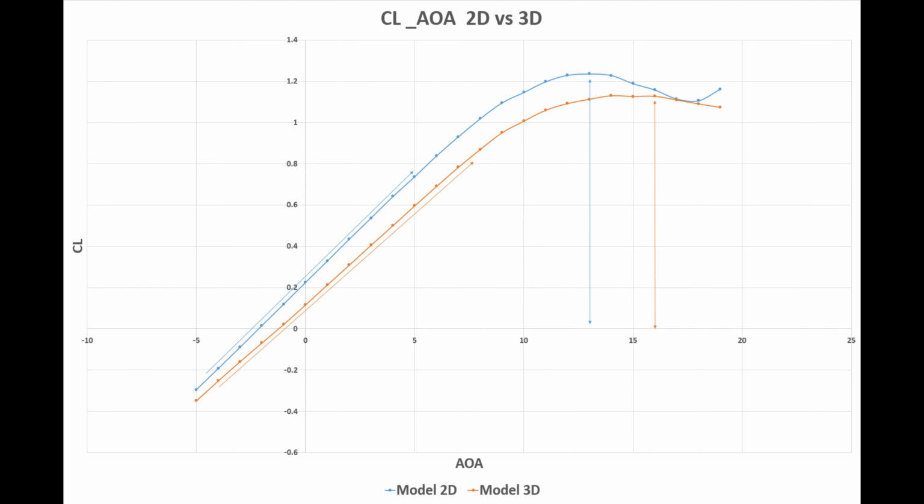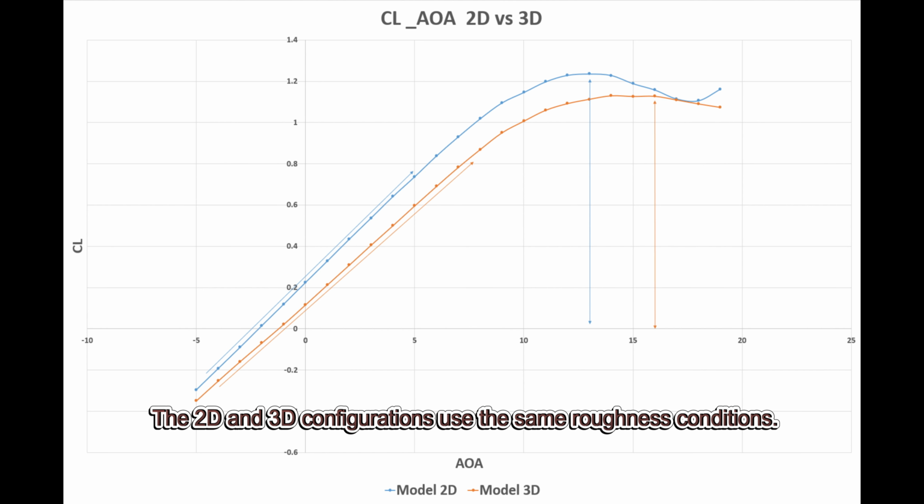For the CL results, because the 3D wing experiences induced downwash, while the 2D airfoil, approximated as having infinite span, has no wingtip vortices, the 3D CL values are overall lower. Since the 3D model uses a tapered wingtip while retaining the negative washout, the post-stall CL curve becomes noticeably smoother, and the angle of attack corresponding to CL max increases by about 3 to 4 degrees compared with the 2D results.